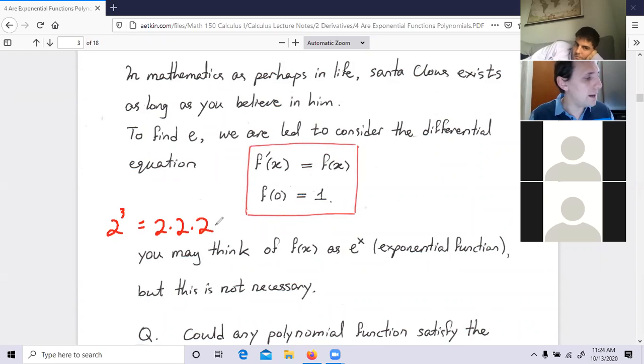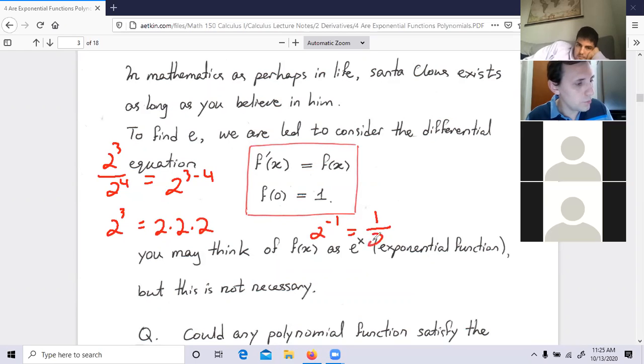Now, if you have, let's say, 2 to the power of 3 divided by 2 to the power of 4, what is that? You can use the notation 2 to the power of 3 minus 4, which is 2 to the power of minus 1, and that just means that 2 survived in the denominator.